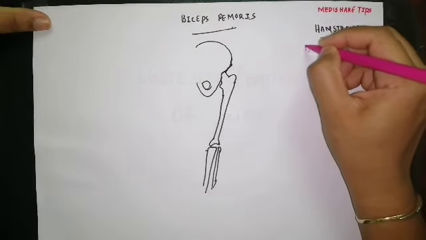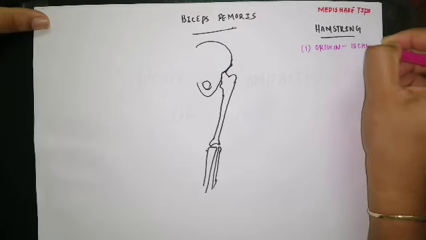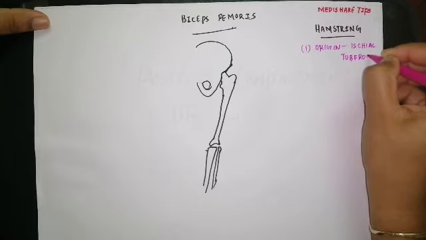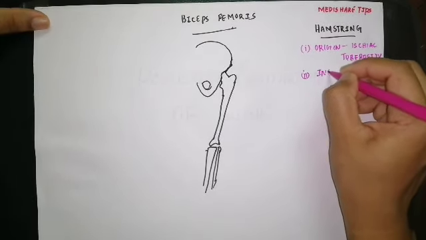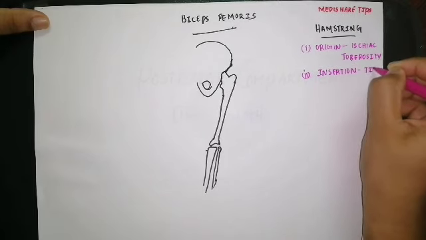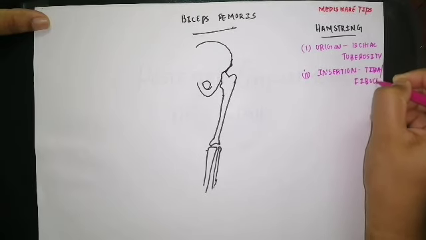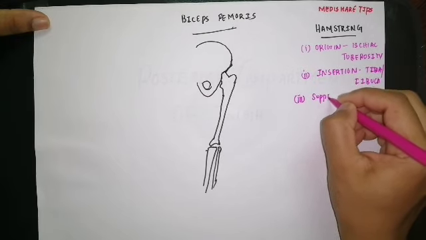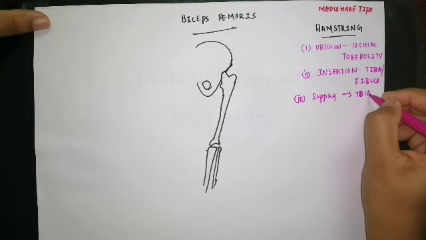It should have its origin from ischial tuberosity, and it should get inserted either into tibia or fibula, and it should be supplied by the tibial part of sciatic nerve.